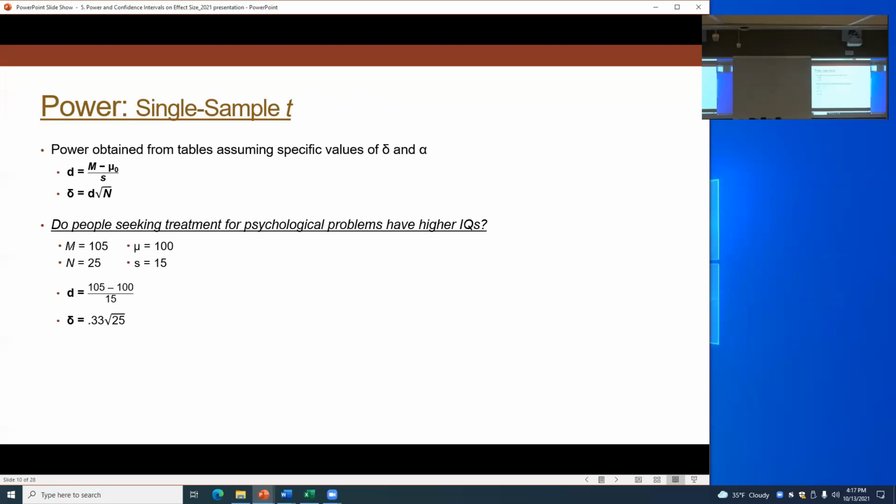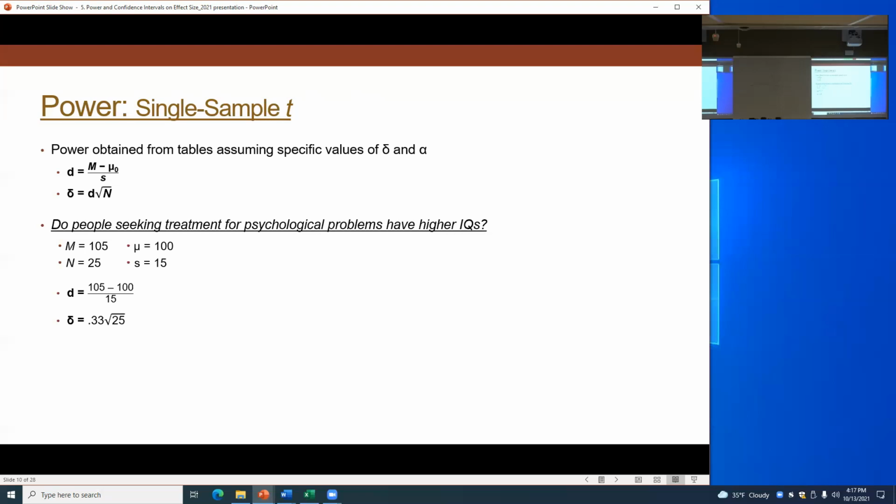So let's say what we did in this example, single sample test. We've got 25 individuals, and we have a mean of 105 in our treatment-seeking people, right? And we know we have a population mean of 100 and a standard deviation of 15 here.